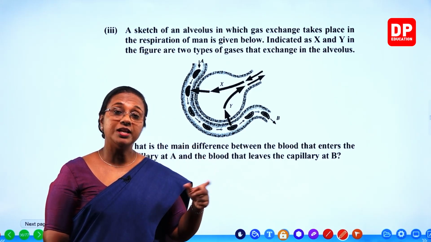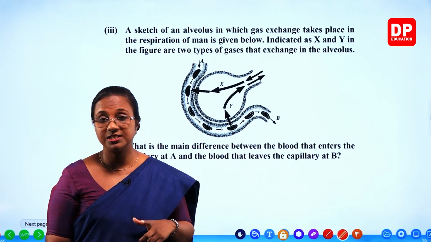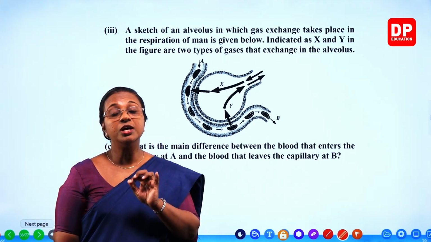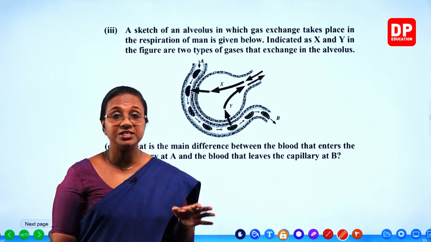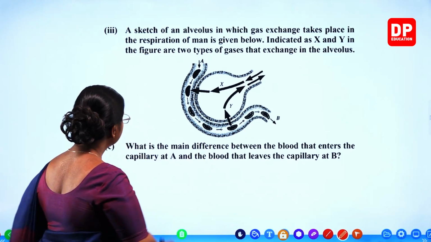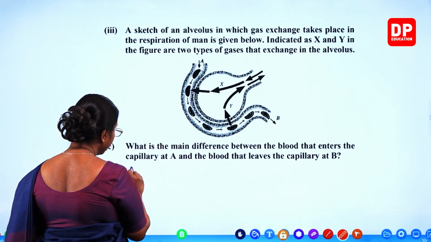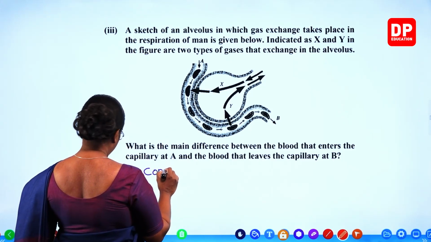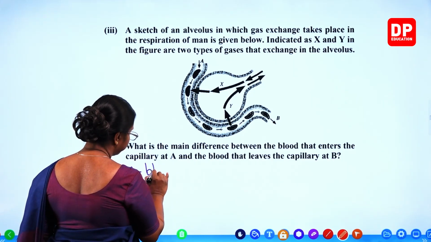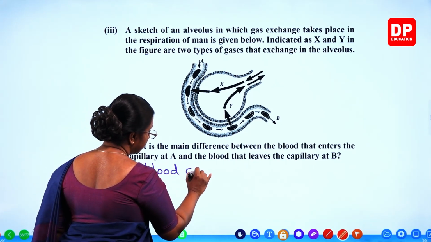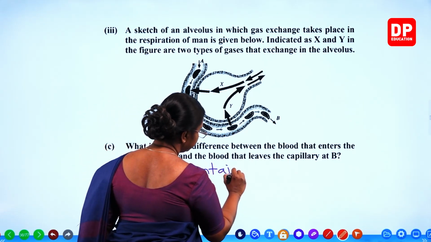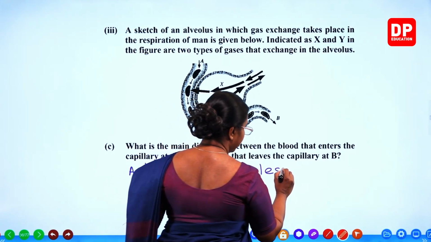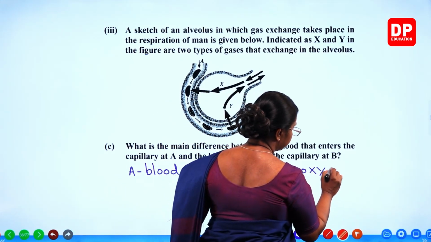Mainly because we call it oxygenated and deoxygenated blood, you have to give the answer in relation to oxygen amount, oxygen content. So here we can say A blood contains less oxygen.